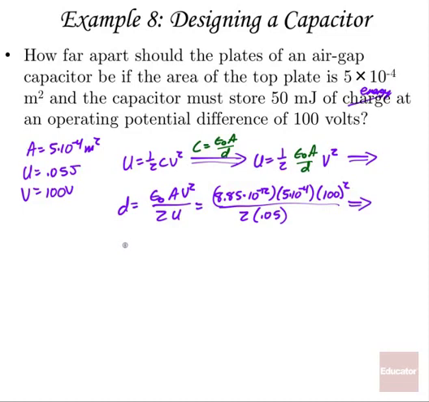When I do all that, I come up with a separation distance of about 4.43 times 10 to the minus 10 meters. Just combining our formulas in order to solve for an unknown.